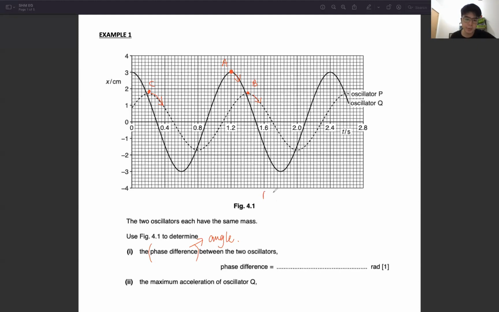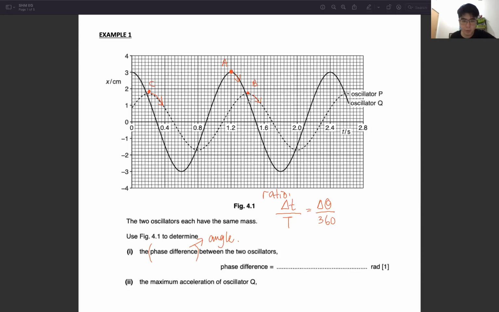So we use the ratio: the difference in time over the time of one wave, that's one period, equals the difference in the angle over the angle of one period. That's 360.